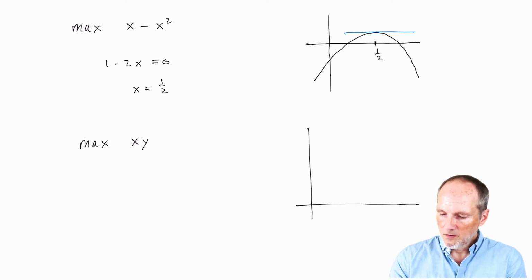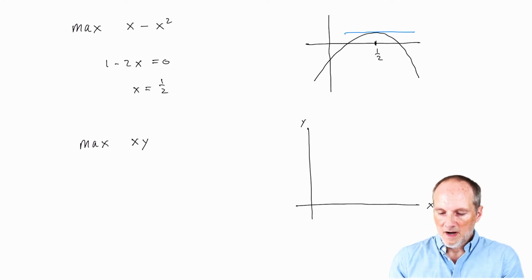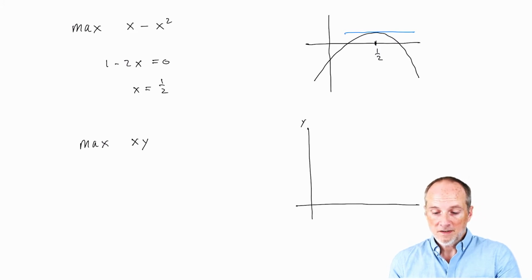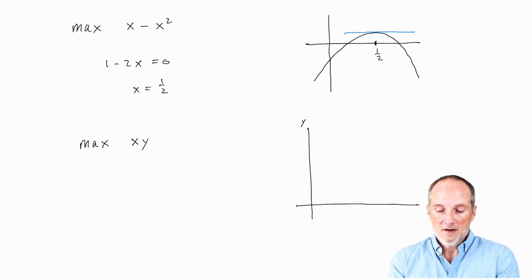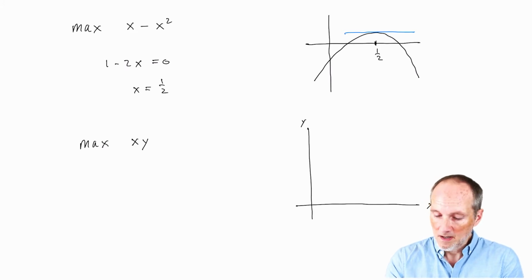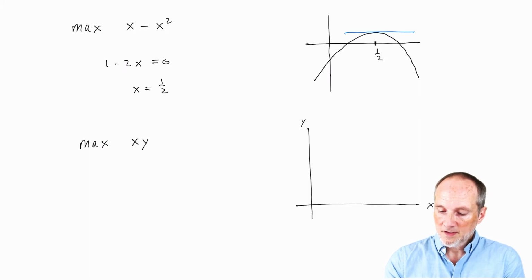If I were to graph the function, I don't want to graph it in 3 dimensions, but if I graph the topographical map of the function, for a given value of the function, the xy pairs that achieve that value are going to be a curve.